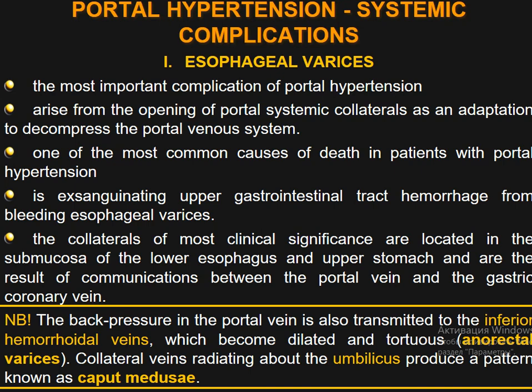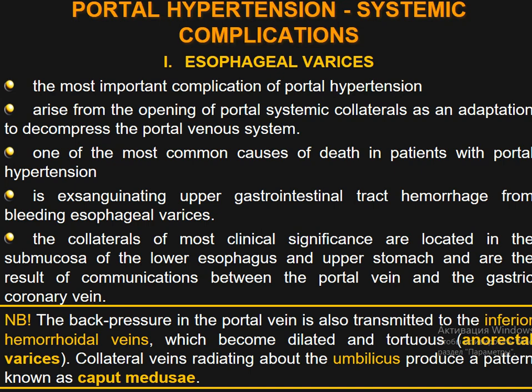When we talk about portal hypertension, there are some very important systemic complications, and the first complication is esophageal varices. This complication represents the most important complication of portal hypertension.